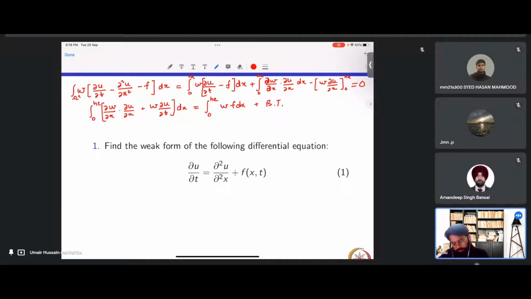Okay, so this is what the weak form of this problem looks like. That's a pretty simple, straightforward thing. I don't think there should be any doubt here. If there's no doubt, then we'll move forward.